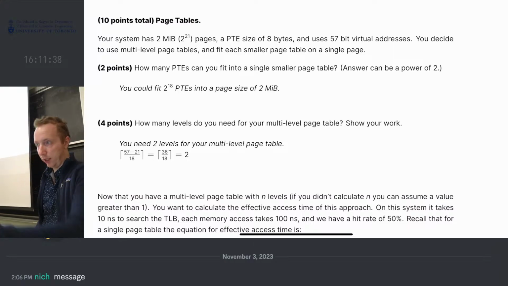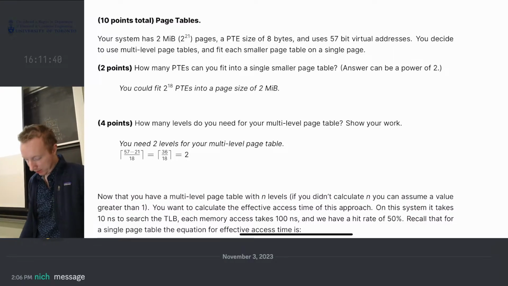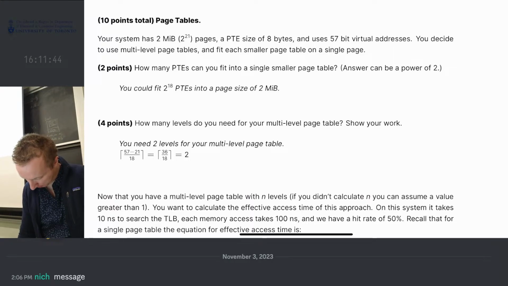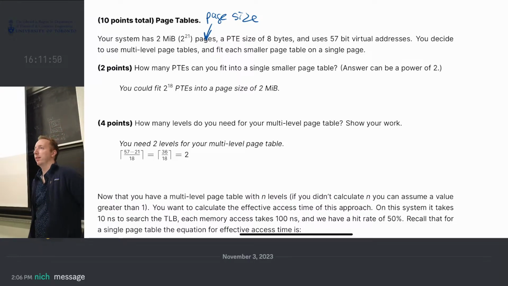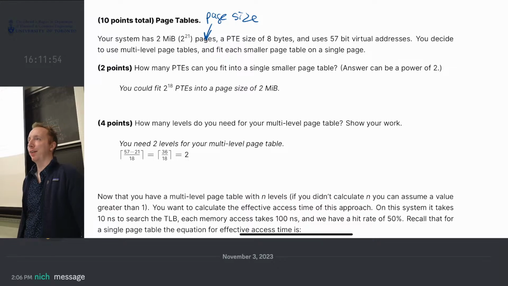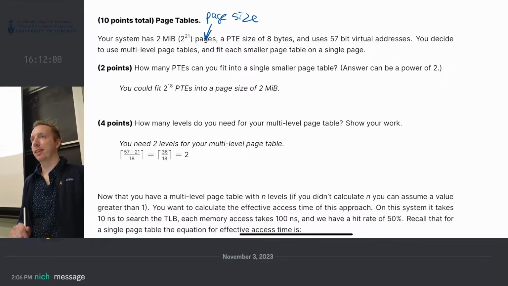Yeah, so the wording on this was kind of bad. By 2 megabyte pages, it probably should have been rewritten to say page size instead of pages. I should have written it better. The number of offset bits is always just going to be the size of the page.